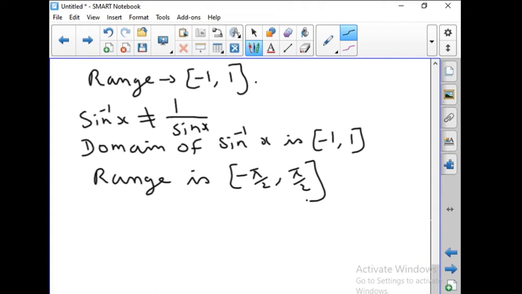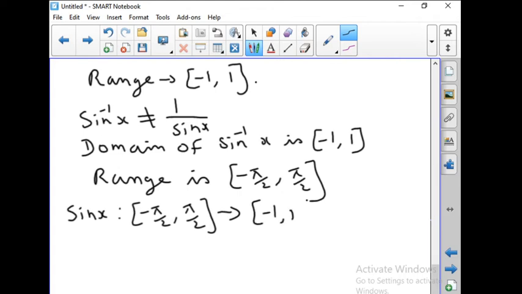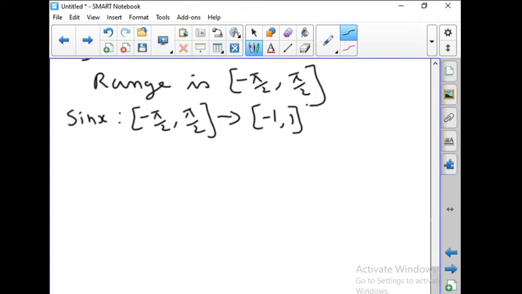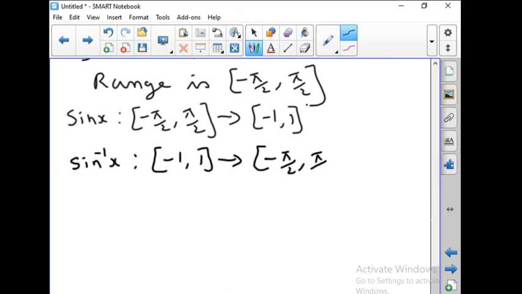Remember that sin x is from minus pi by 2 comma pi by 2 to minus 1 comma 1, and sine inverse of x is from minus 1 comma 1 to minus pi by 2 comma pi by 2. So remember this.